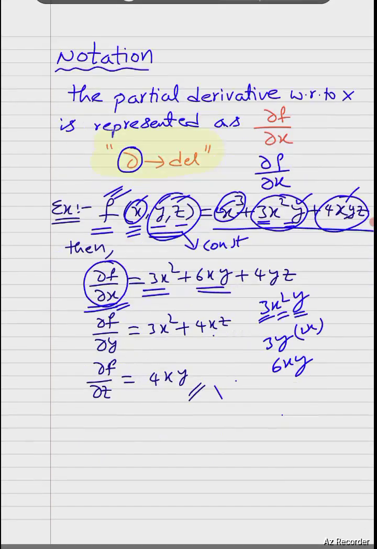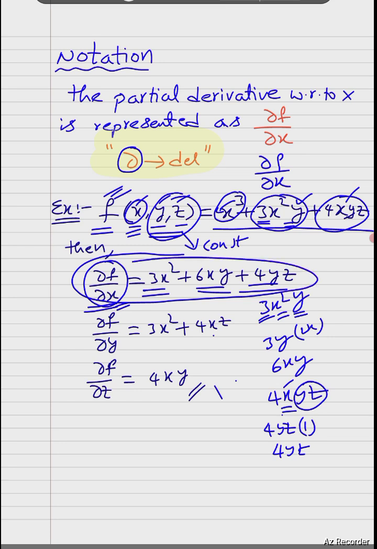What's the derivative of 4xyz? Here y and z are constants, x is a variable. So 4yz are constants, and the derivative of x is 1. So it is 4yz. The last term is 4yz. So this is the partial derivative of the given function with respect to x.